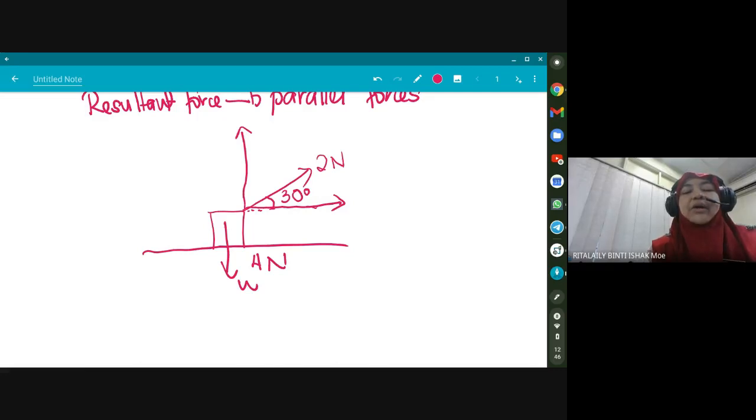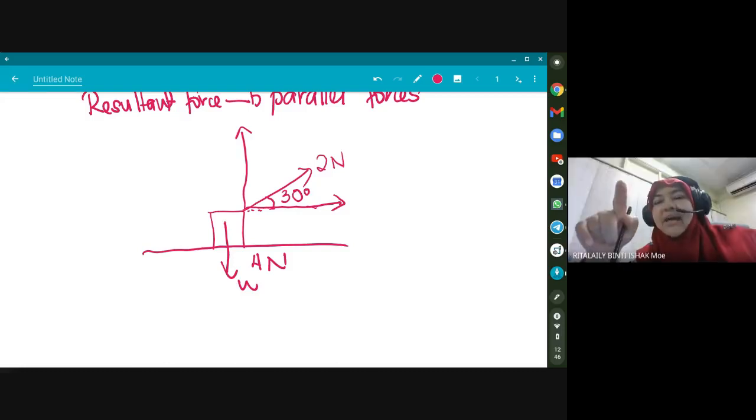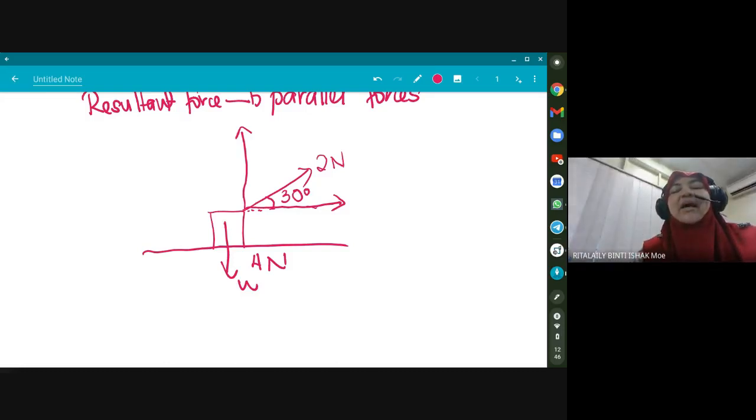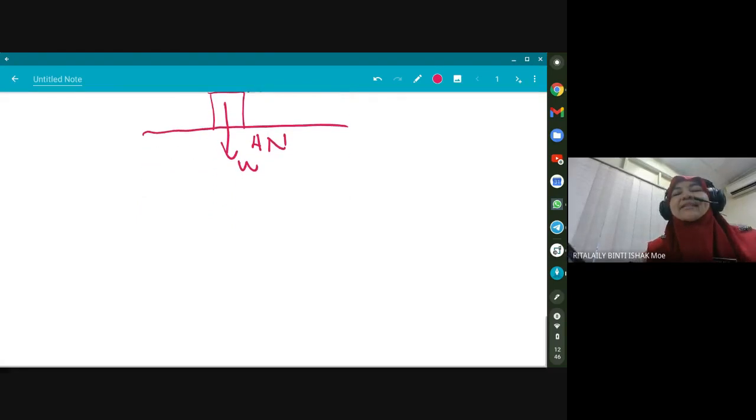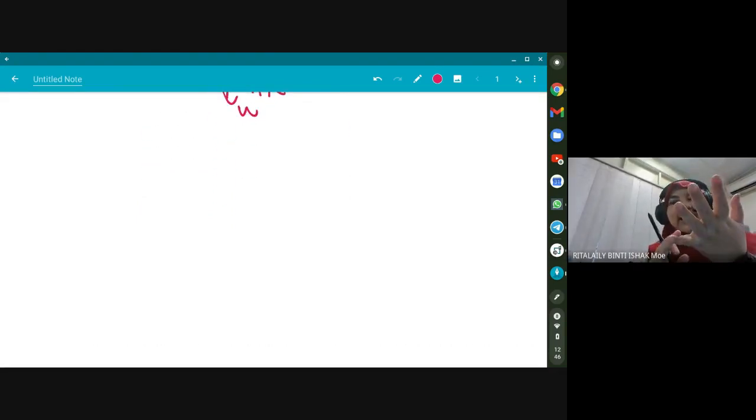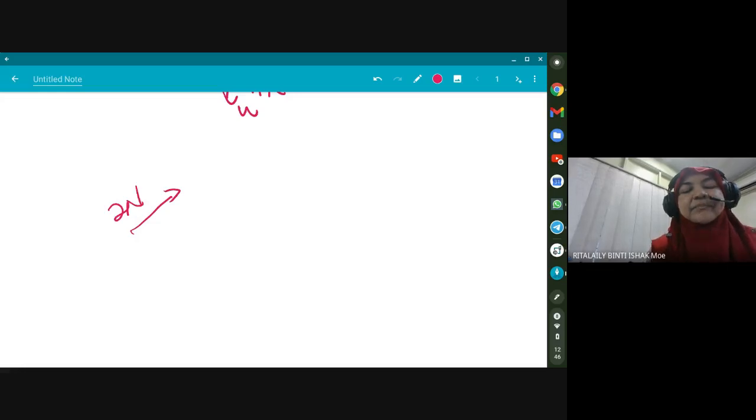But before we continue with this, we have to look at force as vector. Form 4 pula, maths, awak ada belajar topik vector kan? At maths, ada belajar vector kan? What are the characteristic of vector? Vector mesti ada direction, mesti ada magnitude. Let's say I have 2 Newton and I move this 2 Newton here.